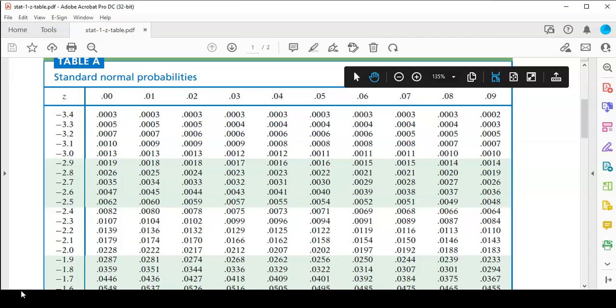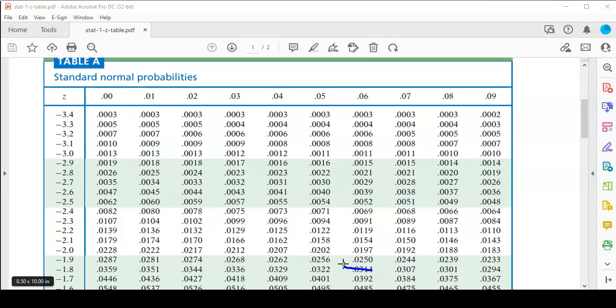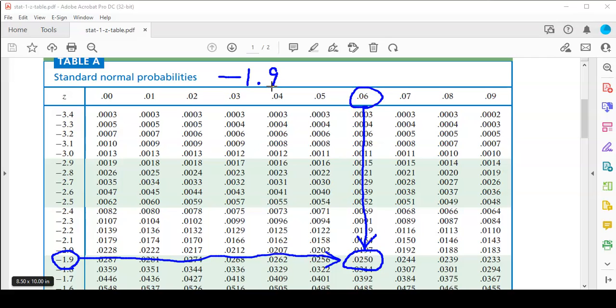Let's go to a drawing mode. You see? 2.5% or 0.025. And that's in the negative 1.9 row and 06 column. So up to the first decimal digit, we get negative 1.9, and then the second decimal digit is 6.